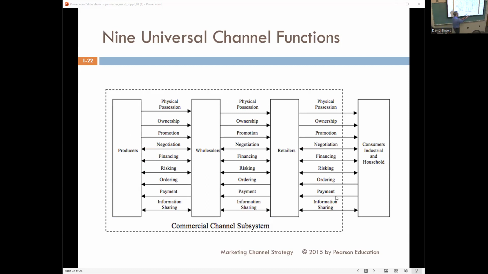And so you start with the producers at one end, the producers being the manufacturers or the originators, if you will. You have the wholesalers and the retailers, and then ultimately you have the consumers on the very end, because of course, consumers perform certain channel functions.